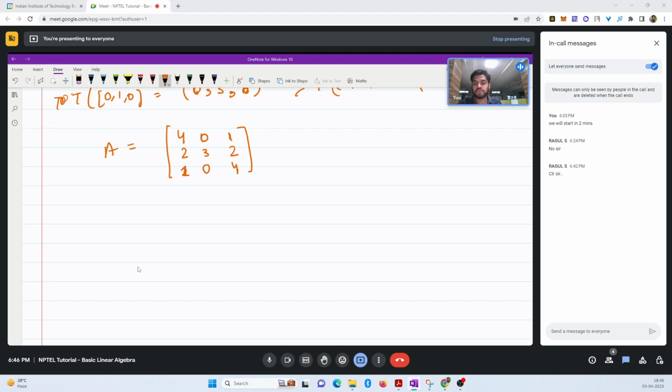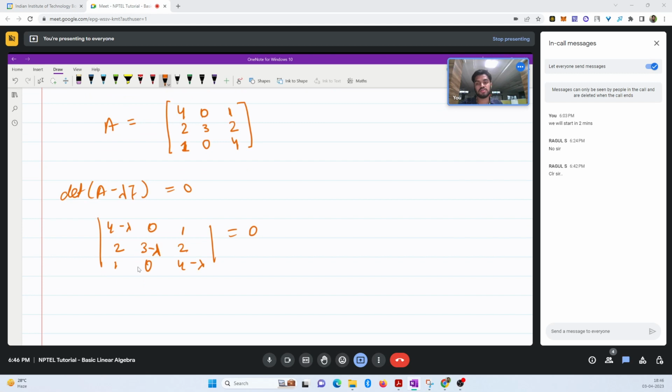So now what we have to do is again find the determinant of A minus lambda I is equal to 0. That would mean 4 minus lambda, 0, 1, 2, 1, 3 minus lambda, 0, 2, 4 minus lambda. This thing is 0. You can see that the second row over here has only one non-zero entry, so it is best to evaluate this determinant along that. If this is plus, this is minus, this would be plus.